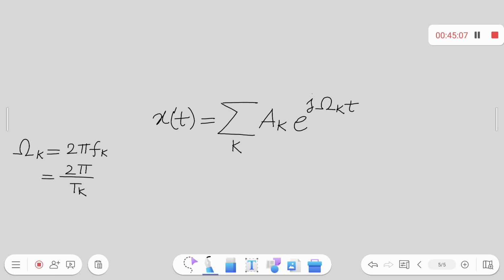Let's call the original signal frequency f naught, which is given by 1 upon T naught, and omega naught is equal to 2 pi by T naught, that means 2 pi f naught.